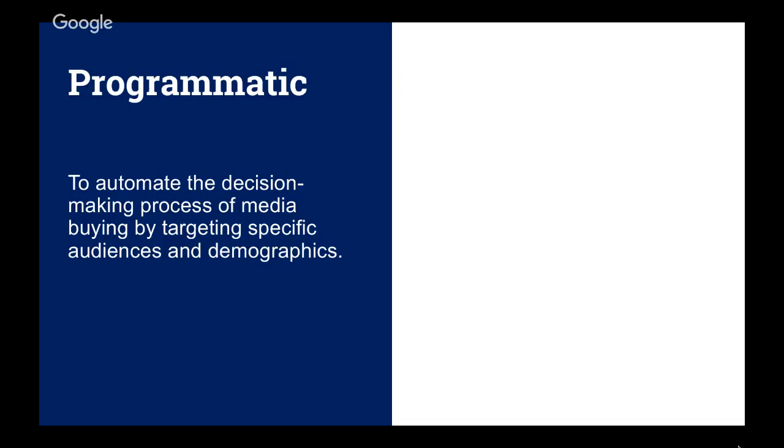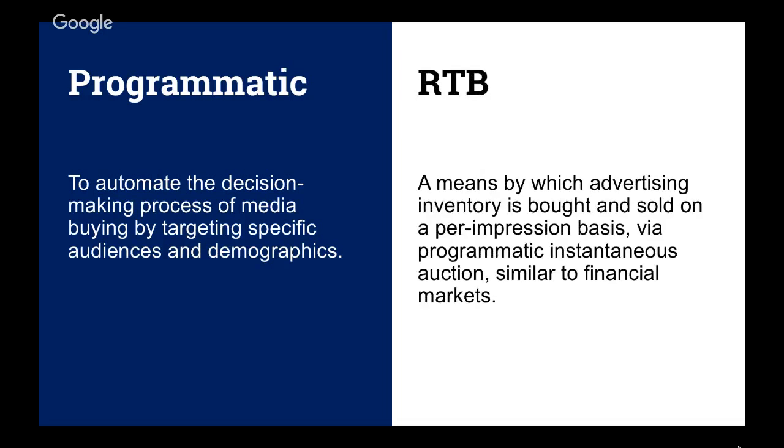That is what the term programmatic means. RTB means real-time bidding, and it is a means by which advertising inventory is bought and sold on a per impression basis via programmatic instantaneous auction, similar to financial markets. So programmatic is the umbrella term. RTB is the actual process by which the sale takes place.